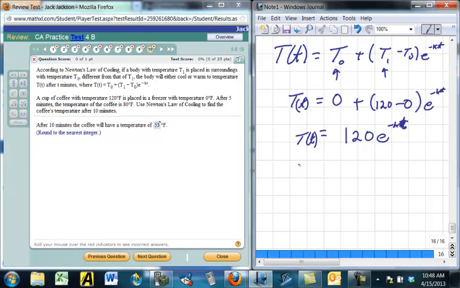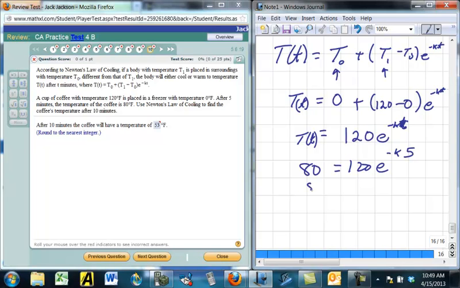Okay. Now to find k, we need some kind of ordered pair of lowercase t and uppercase T, a temperature and time. So after 5 minutes, that's little t, the temperature is 80 here. So this is going to allow us to solve for k.